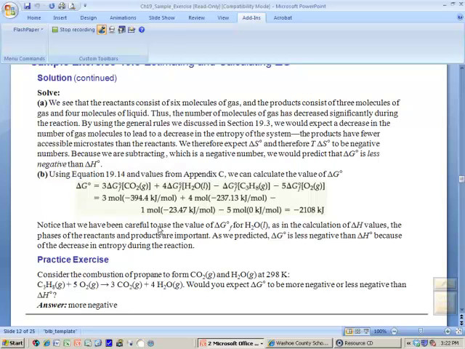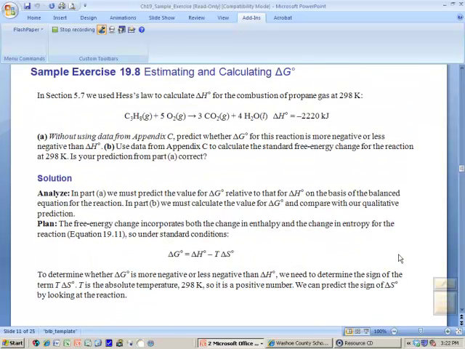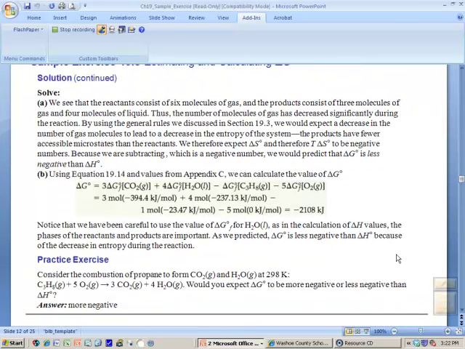It says, notice that we have been careful to use the value of delta G formation for H2O liquid, because remember there's two of them, one for the liquid and one for the gas. And as we predicted, delta G is less negative than delta H. What was the delta H value? Do you remember what it was? Negative 2220, and we just calculated negative 2108.